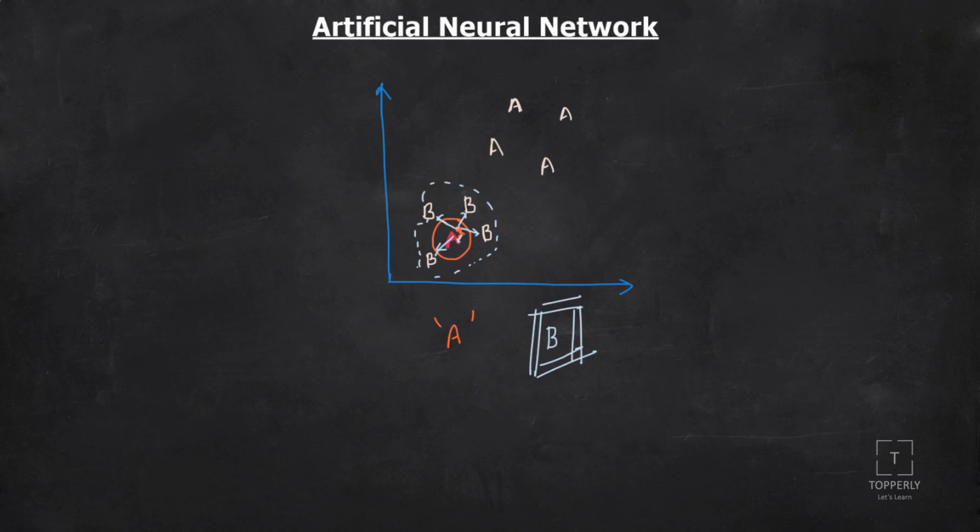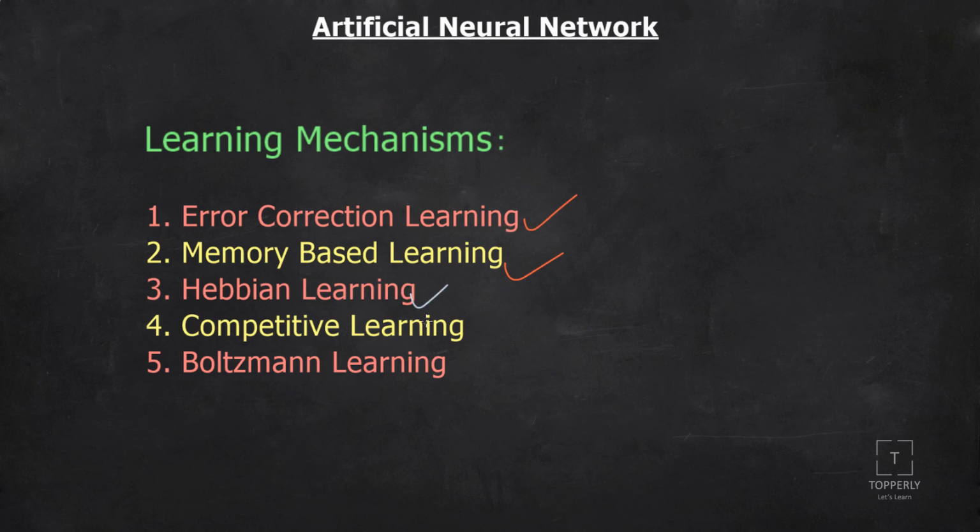That's all for memory based learning, and now we will move to Hebbian learning. Hebbian learning is the one which tries to resemble the physical structure of our brain. And by physical structure, I mean how the brain tries to strengthen or weaken a neuron synapse.